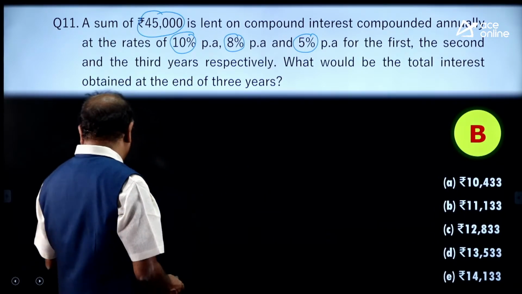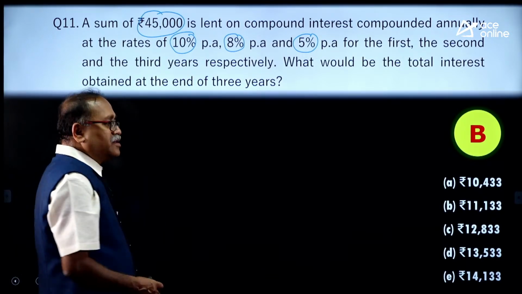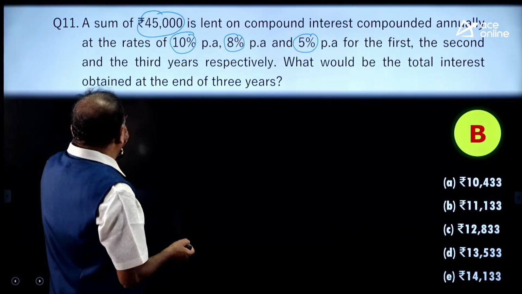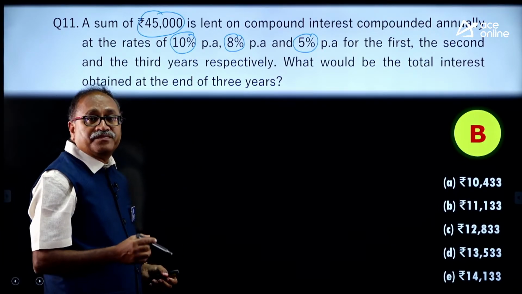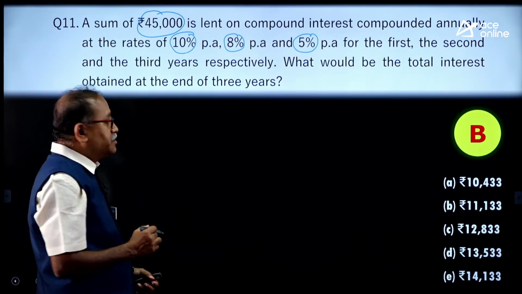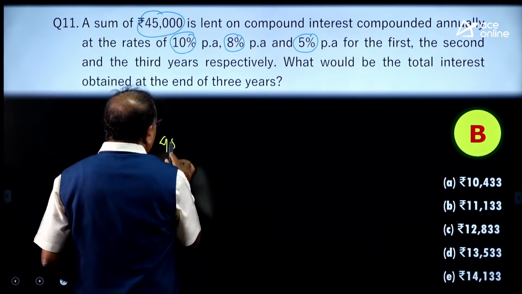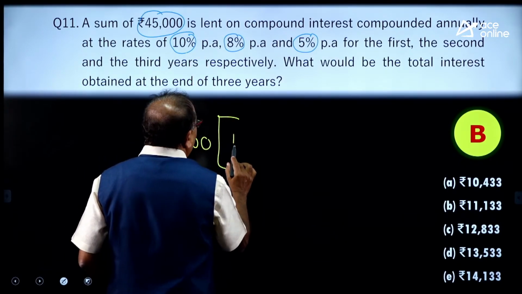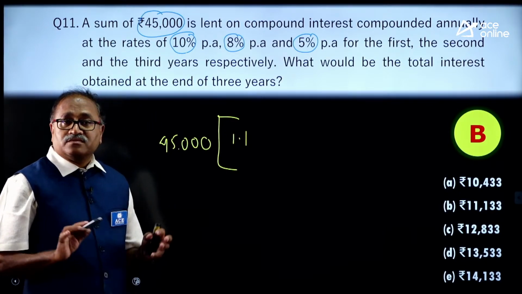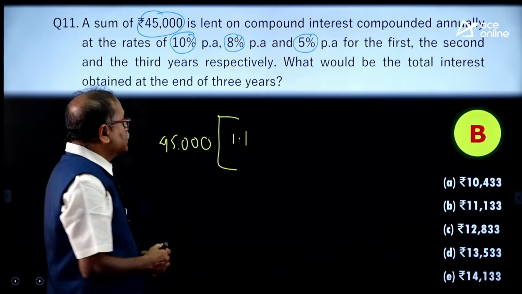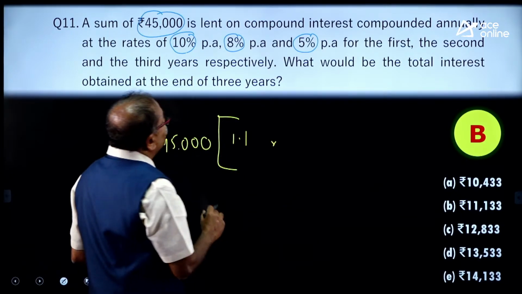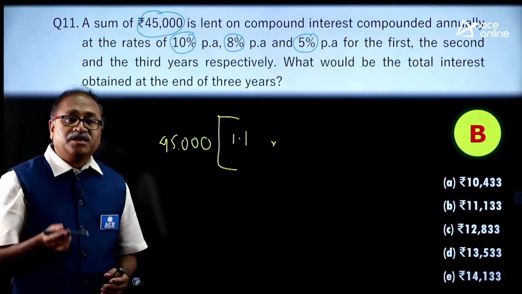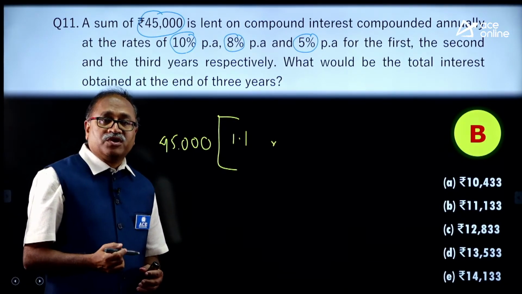Okay. What is the way to answer the question? There is only one particular way to answer this question. If the rate of interest is 10%, then the amount will be 110%. So, here 45,000 into, in the first year, 1.1, that is the amount after 1 year, and into the second year I am getting 8% interest, that is 108%, and 108% is nothing but 1.08.